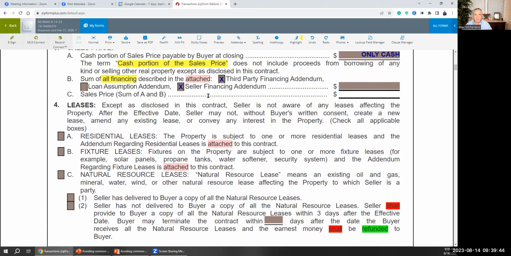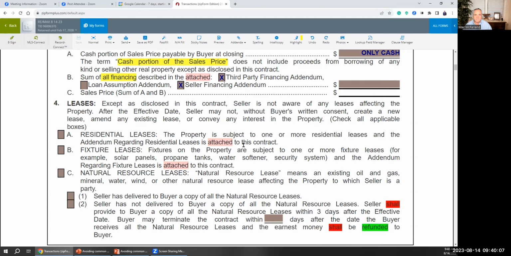We could have third party and seller financing. Especially in a market where interest rates might be a little higher, you might have an individual doing conventional where it's an 80% loan to value, and then a seller carryback for maybe 10 or 15, and then 5 or 10 down, right? So in that case, you'd have two different attachments on the finance side.